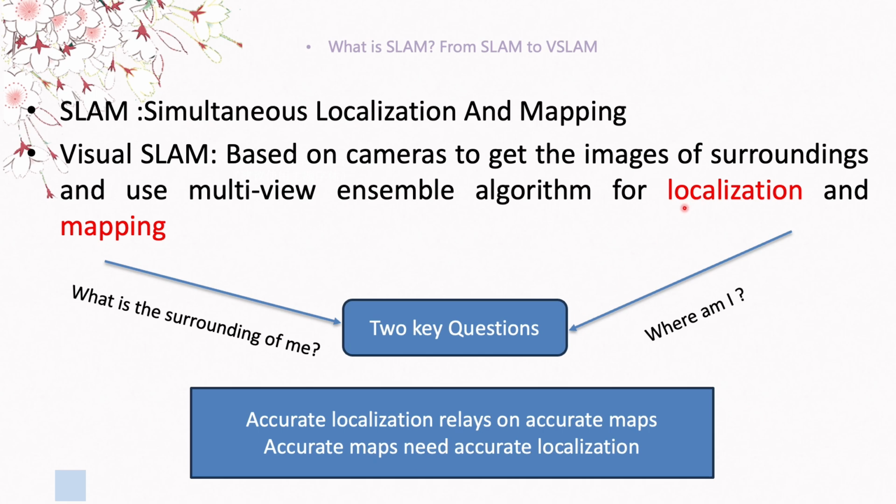The first is localization. Localization answers the question of where am I. And mapping answers what the surroundings of me are. Accurate localization relies on accurate maps, and accurate maps need accurate localization, so the two key points rely on each other.